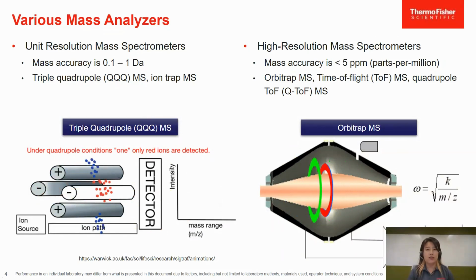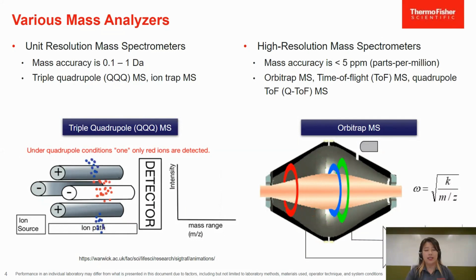So if the difference is less than 1 Dalton, a unit resolution mass spectrometer doesn't have enough power to separate the two compounds. Examples of unit resolution mass spectrometers include the triple quadrupole QQQ MS or ion trap mass spectrometers.